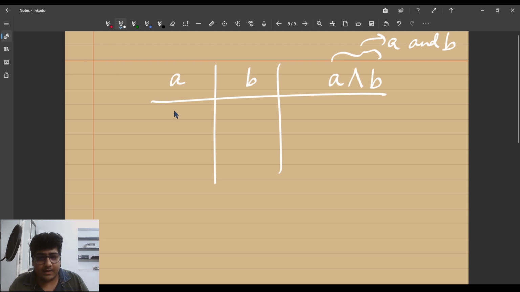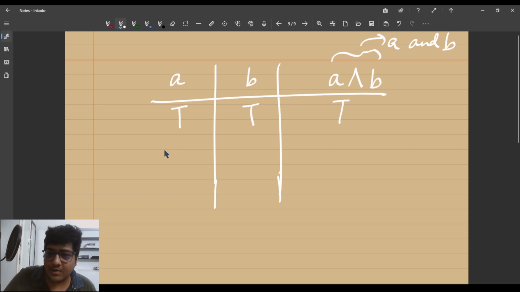So if both A and B are true, then A and B is of course true, because if I say that Sohail and Mohan went to the movies, and Sohail went to the movie and Mohan went to the movie, then Sohail and Mohan did go to the movie. So AND is true if both are true.